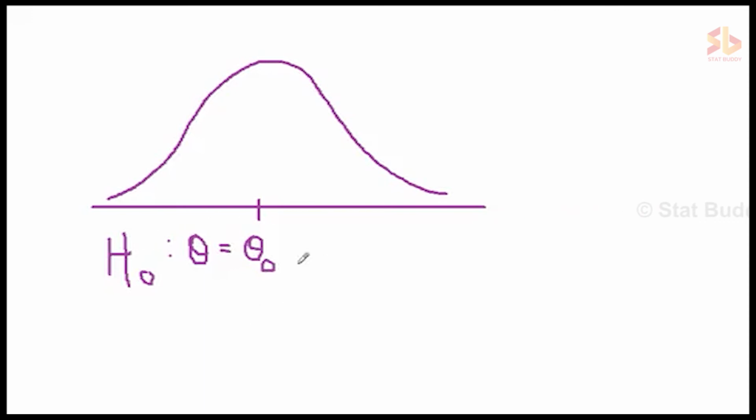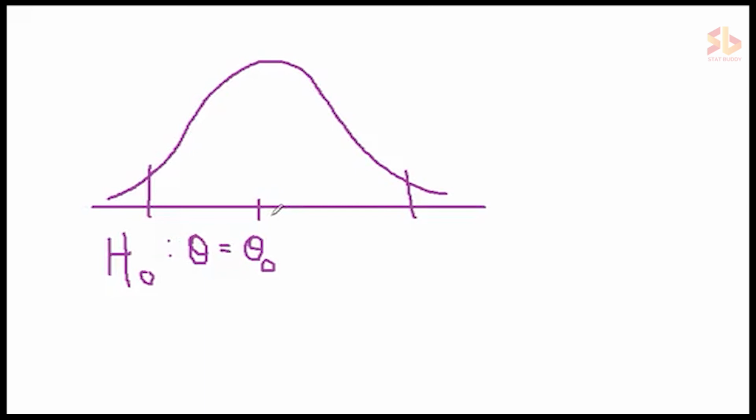This is about the population parameter, and I need to check whether this is true or false. If this is equal to theta naught, then we are sure that our theta is at this point. But if it is not, then it is somewhere here or somewhere here, which means it is a two-tailed test. So theta is in here or in here.